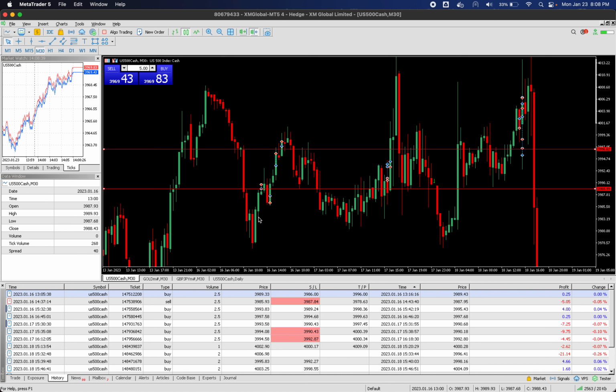And my stop loss is all the way until here. Okay. So what I really wanted to do, I remember, was to have the stop loss around this, below the lower wick of the previous candle.